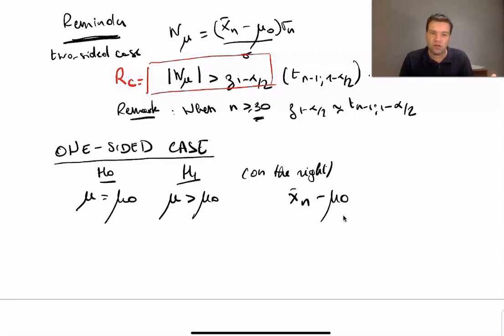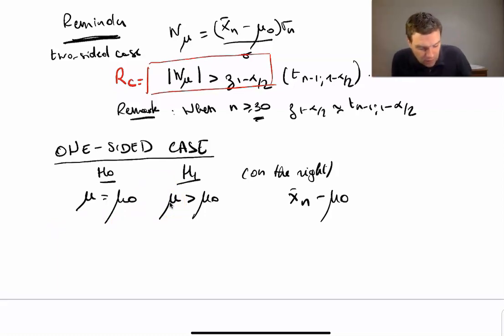In this situation, under the alternative hypothesis, when will we say that we reject the null hypothesis? When mu is strictly larger than mu naught. That means when the observation of xn bar, an estimate of mu, is really larger than mu naught.